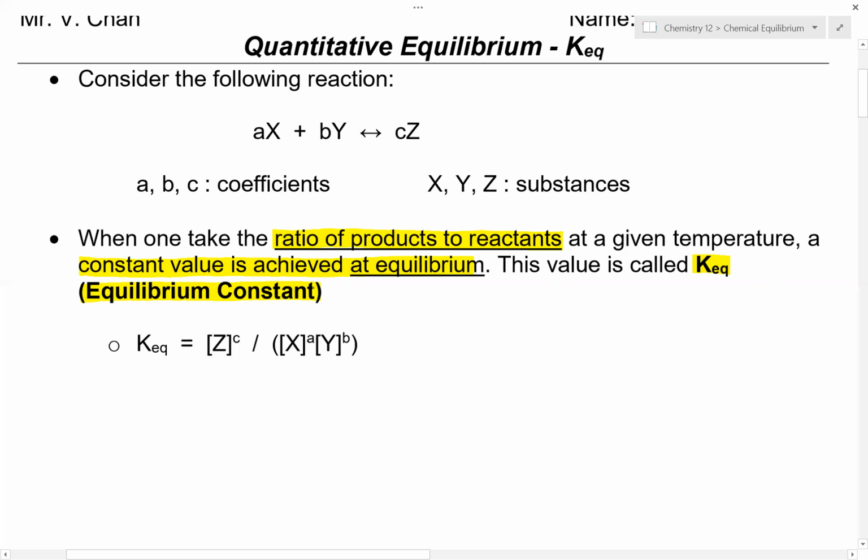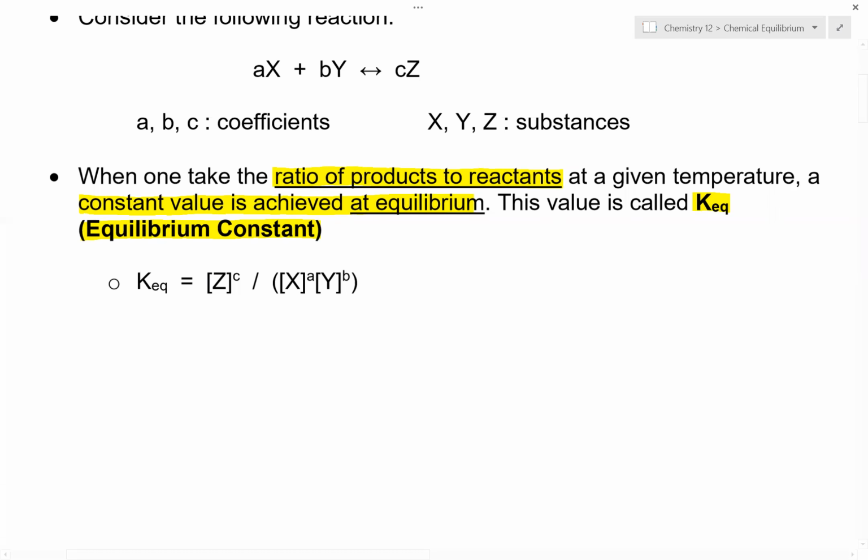So what is KEQ? If we take the equation on the top, what you have is the concentration of Z, which is the products, raised to the power of its coefficient, indicated by c, divided by the concentration of X, raised to the power of its coefficient, multiplied by the concentration of Y, raised to the power of its coefficient.